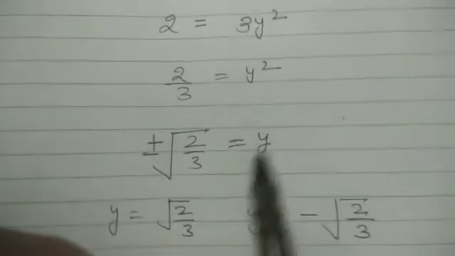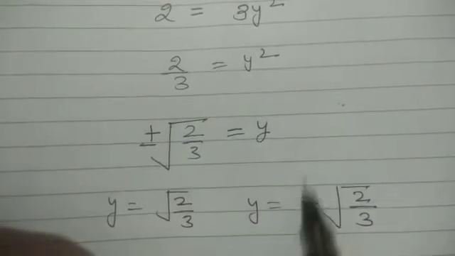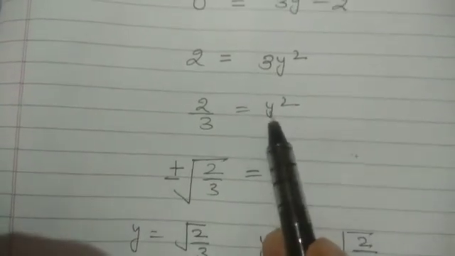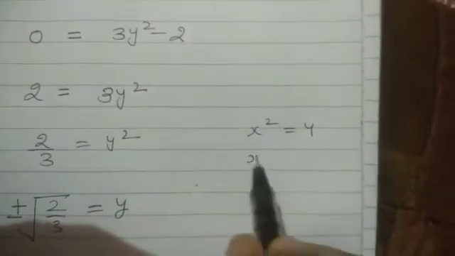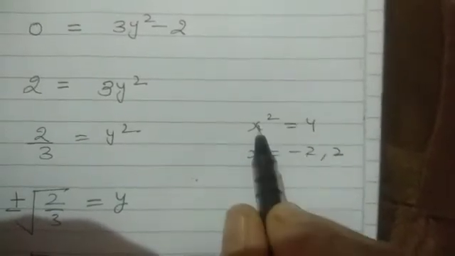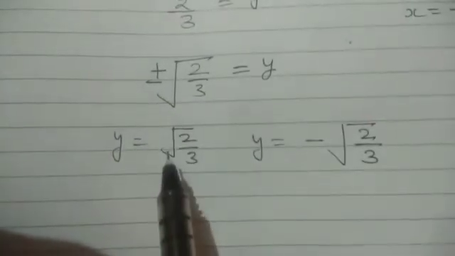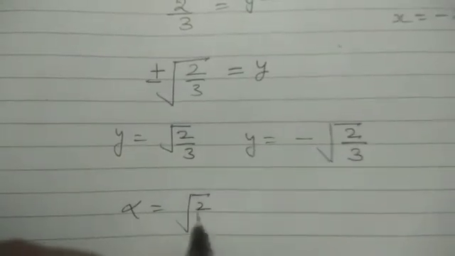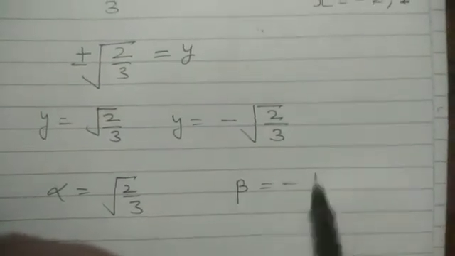You know this thing, the square of a negative and a positive number remains the same. Suppose x square equals 4, then the value of x will be minus 2 and 2, because minus 2 square is also 4 and 2 square is also 4. So that's why we always take the plus minus sign. So the value of y will be either root 2 by 3 or minus root 2 by 3. So these are the two zeros. We will take this as alpha and this as beta.